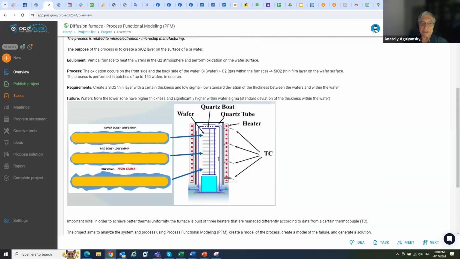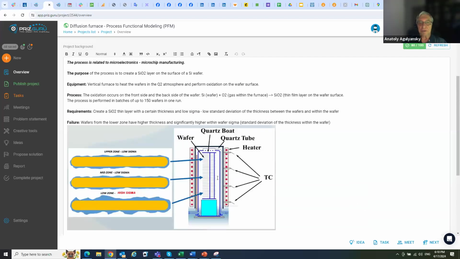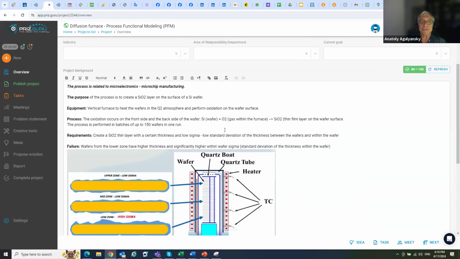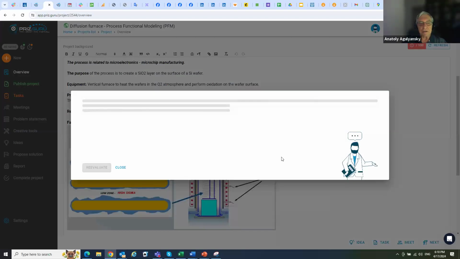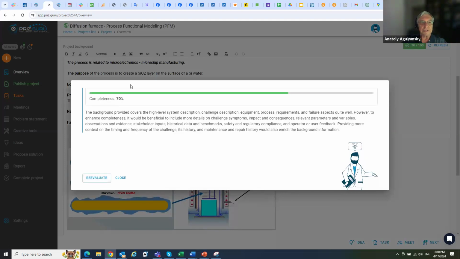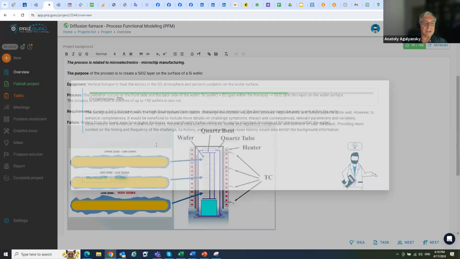Let's analyze it with process functional modeling. By the way, we can click and ask AI to read our description, and it gives us 70%, which is not so bad, and gives information on what could be added here.